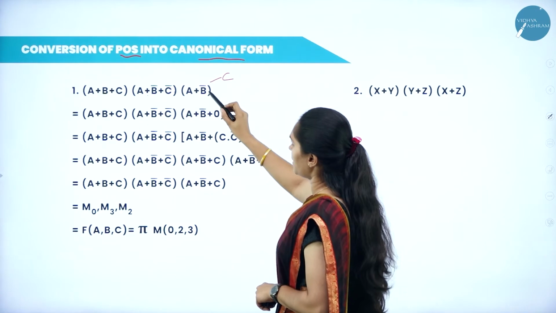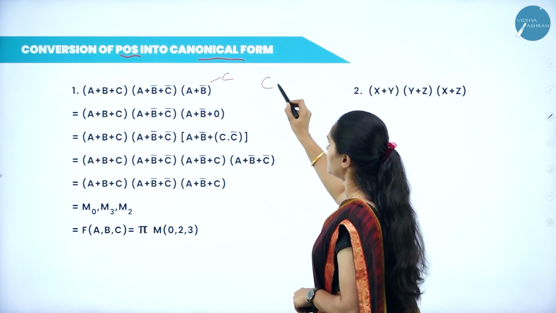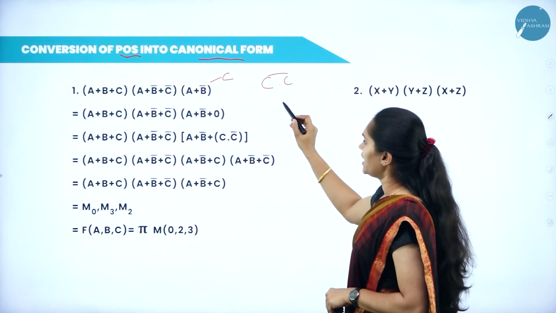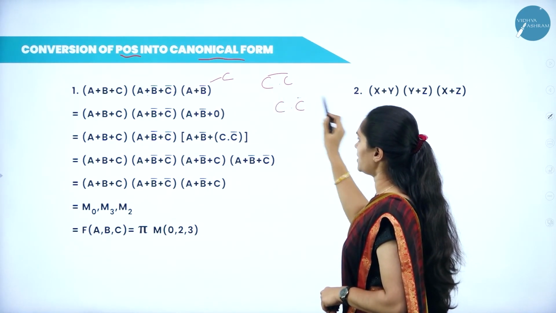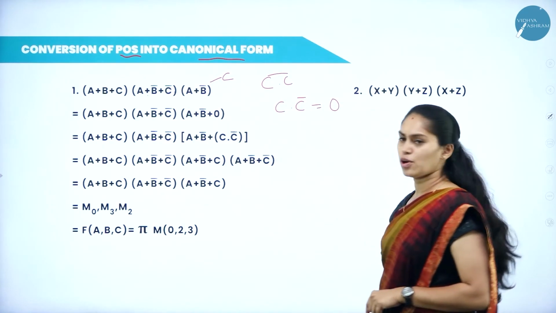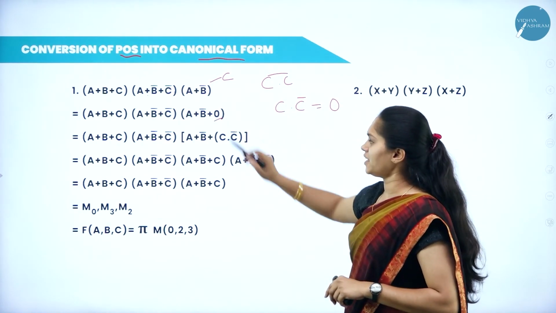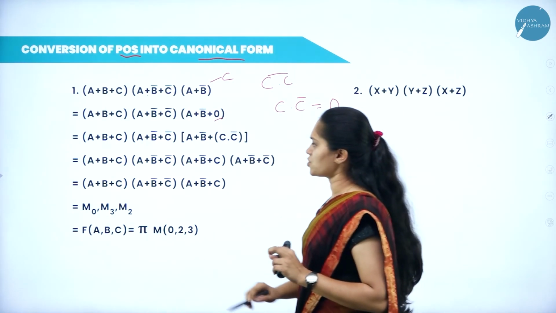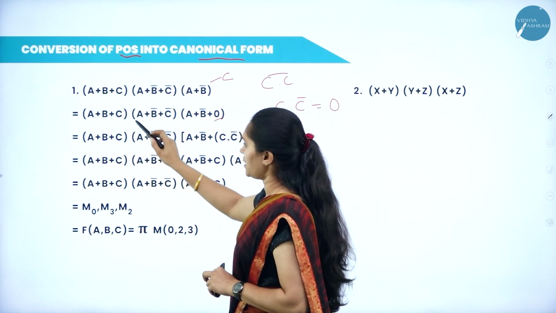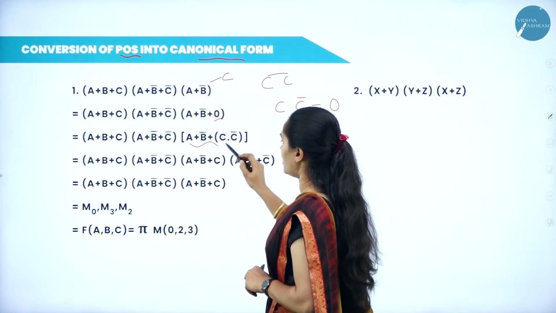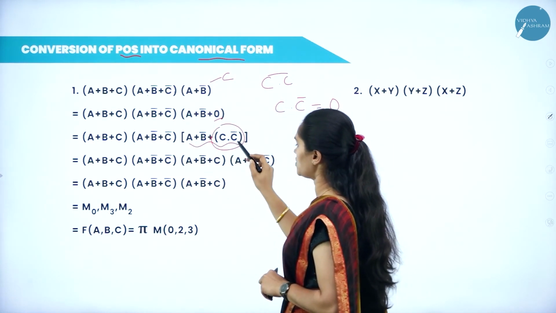Then in the place of C, that means we are dealing with product of sum. So as we all know, if I multiply any variable with its complement, then that will be equal to 0. So instead of writing this one, we are just going to write it directly as 0. So after that, A plus B plus C into A plus B bar plus C bar into, so we got to know about this one, C into C bar.